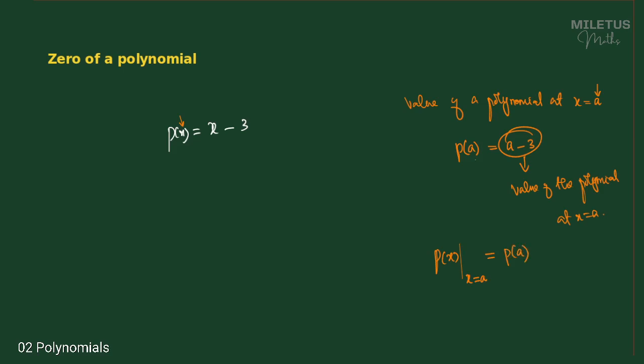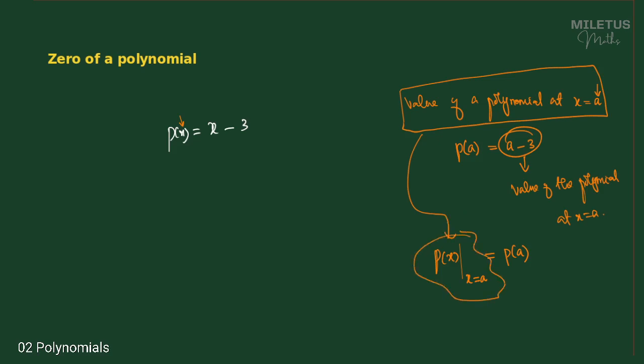Remember, I am going to read this notation with whatever I have written over here. If I write p of x and a vertical line and then x equal to a, I will read it as the value of the polynomial p at x equal to a. That's all. Now I have already told you that the way you find it is p of a, so that's what I have written over here, and I know that that is a minus 3.